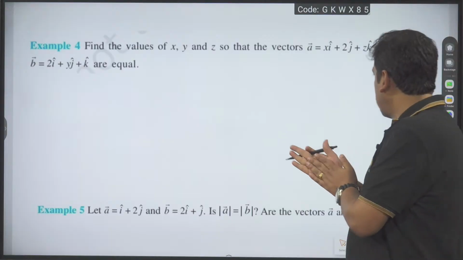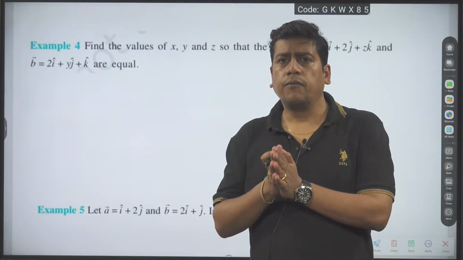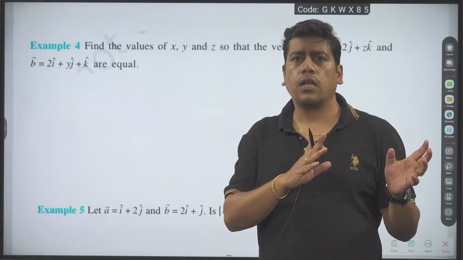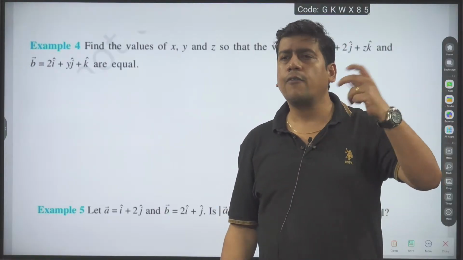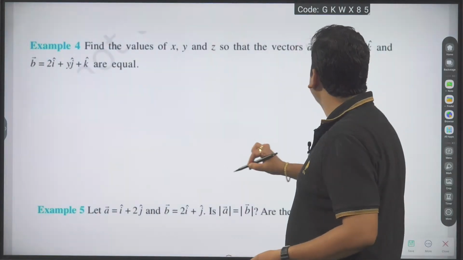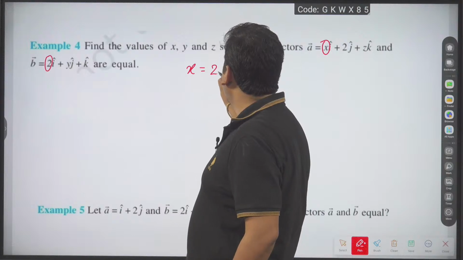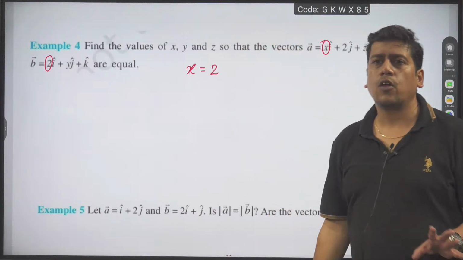Look, A vector and B vector are equal, only possible when all the components are equal: Ax equal to Bx, Ay equal to By. It means here the i component is x, here the i component is 2. So simply x equal to 2. They are not asking collinear or something.